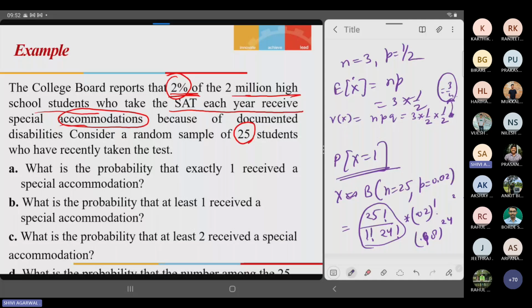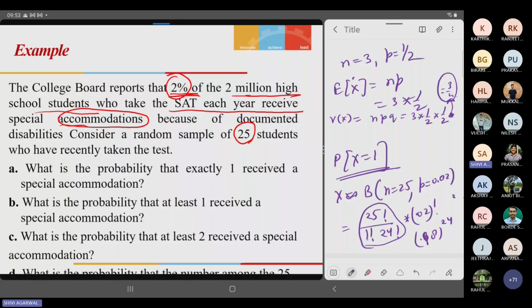Because here it is given that 25 students are taken and we are taking either success or failure. They are identical to each other. X denotes the number of successes out of n trials. So that's why X follows the binomial distribution. I told you earlier the 3-4 properties of the binomial distribution case.